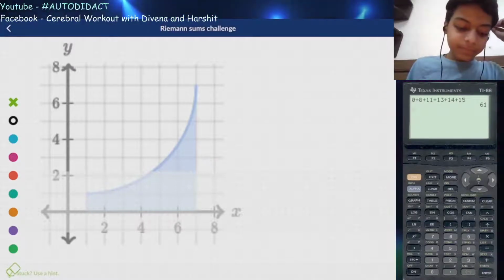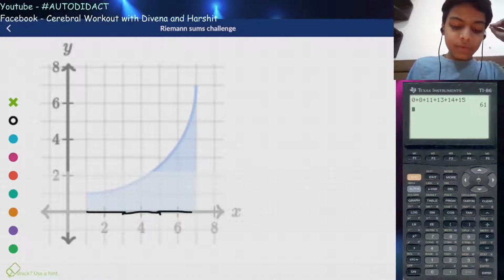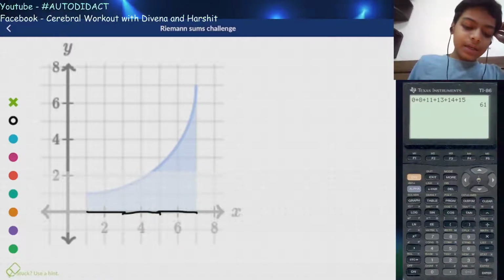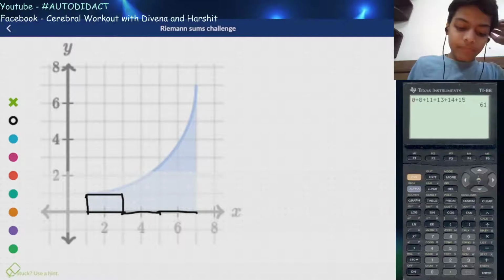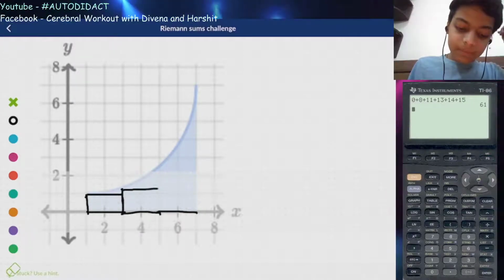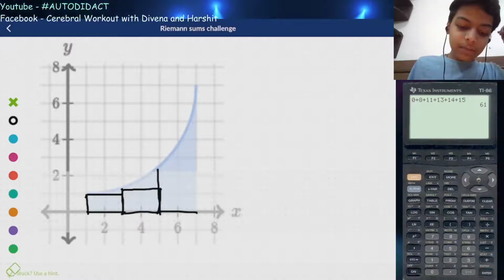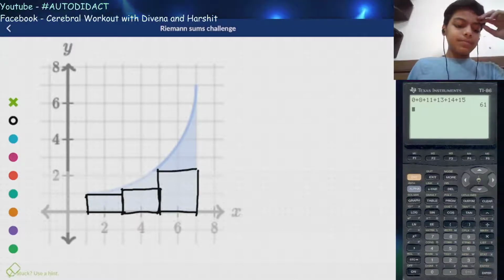Okay, and if we do it like this, this will be the first rectangle, and the second rectangle will be just like this, and the third rectangle will be like this. Okay, so this is L of 3.